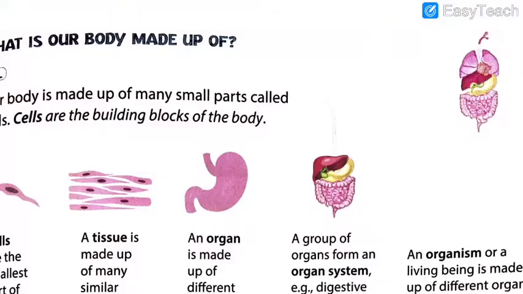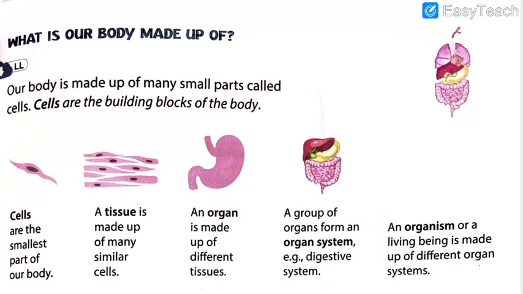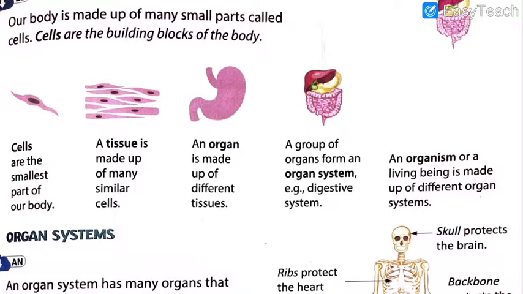Now, as you know, the explanation starts from the second page, which is page number 89. We saw yesterday what our body is made up of. We saw that cells together form tissue, tissue together forms an organ, the collection of organs forms the organ system, and many organ systems together form an organism, that is a living being like us.